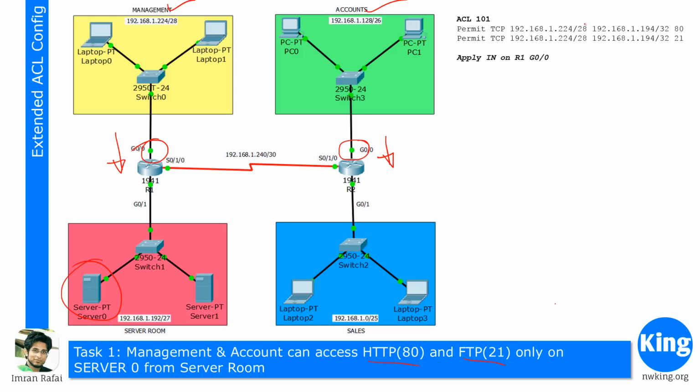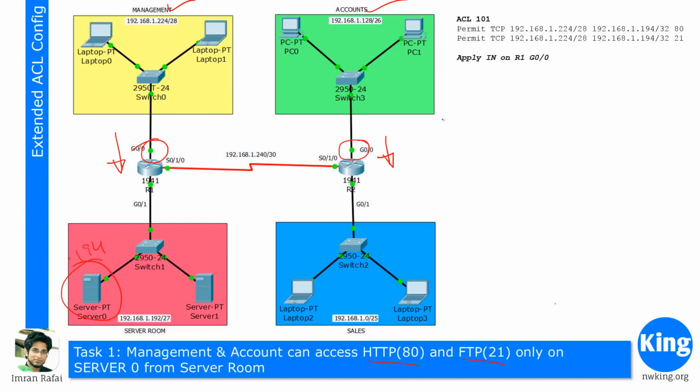Of course, we use the wildcard mask, but this is just pseudocode for us to discuss. When we put this in Packet Tracer, we will be converting this to a wildcard mask. So we say 192.168.1.224/28, which is the entire management network, going to 192.168.1.194. 194 is nothing but this server 0, right?